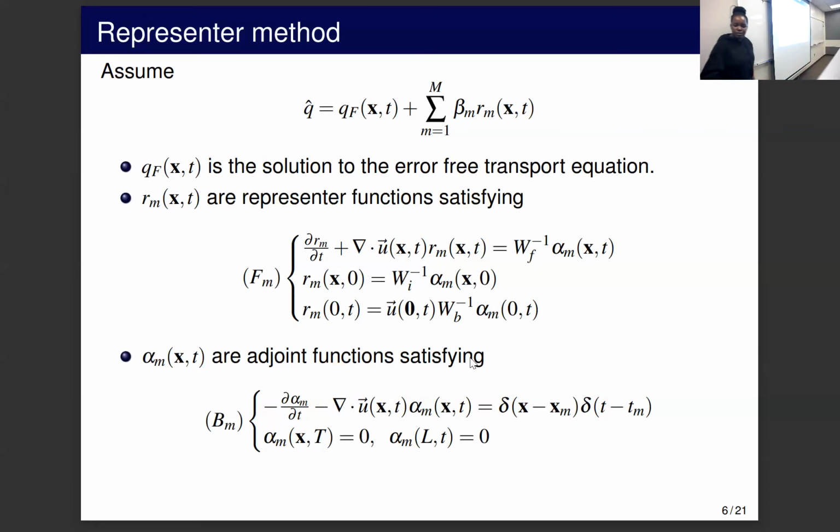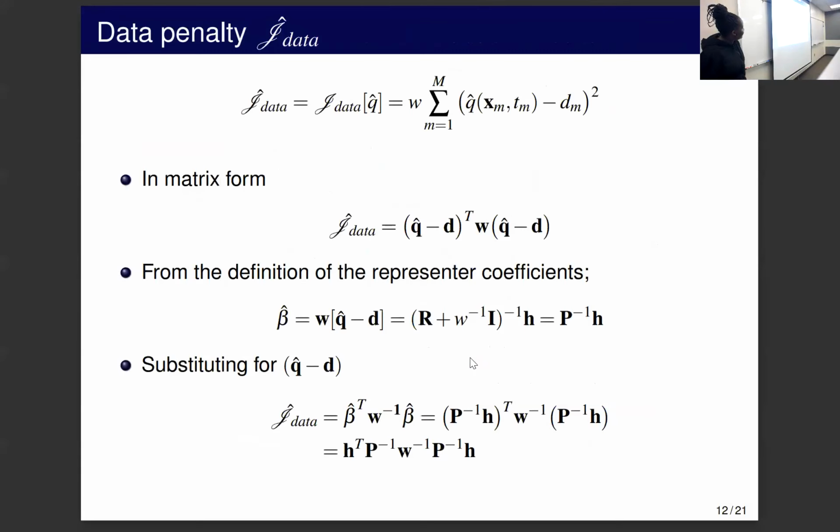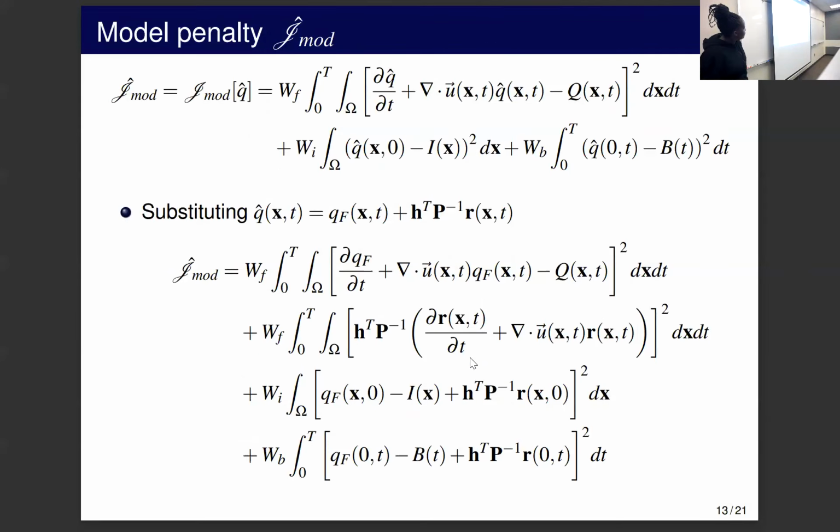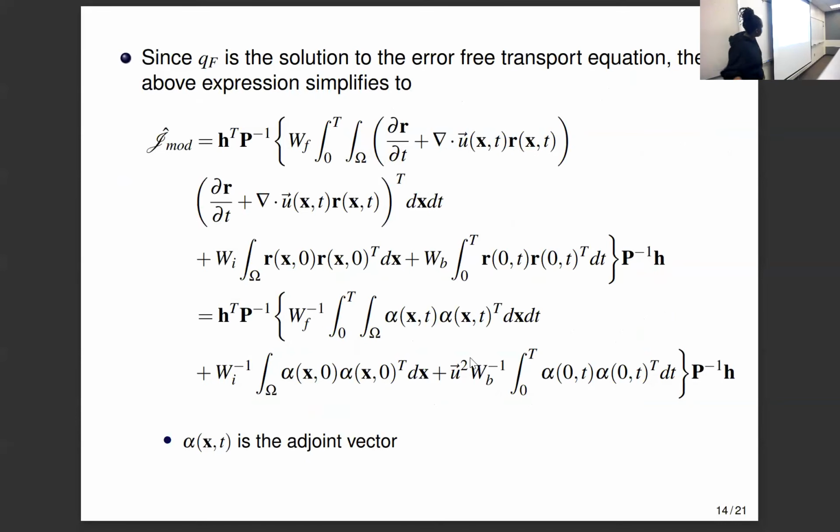And therefore, substituting for the vector of representer coefficients, the variance expression, our new expression is as seen, whereby these are matrices, and our main aim is to express this as a matrix where alpha is now the adjoint vector.